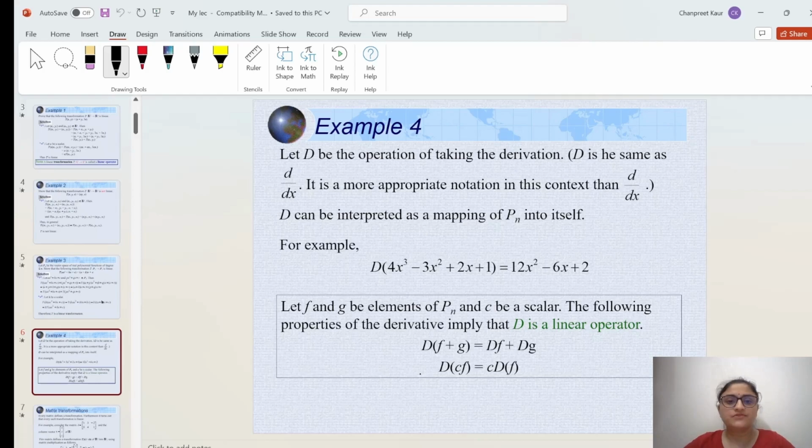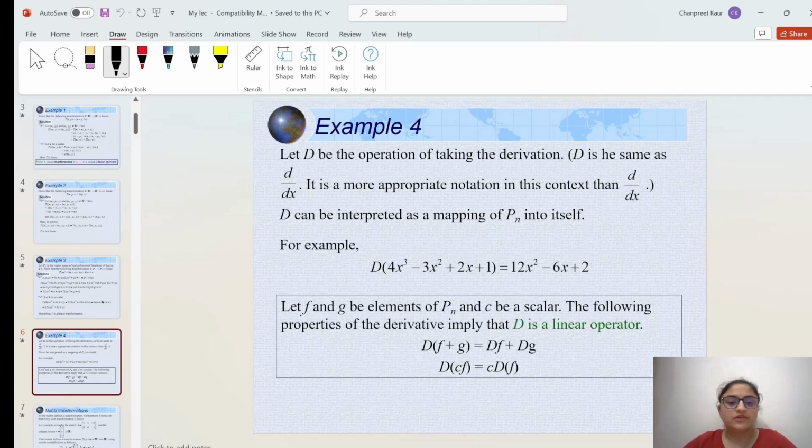Now the next transformation is the operator of differentiation. So we have an operator D from Pn to Pn defined as D takes a polynomial f to f dash simply. So for example, if I apply D on this polynomial, we are simply differentiating this polynomial.